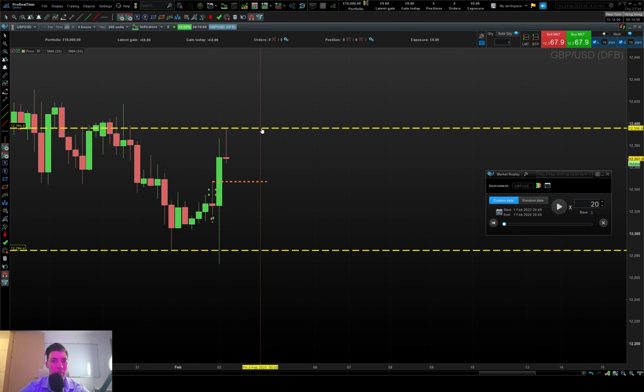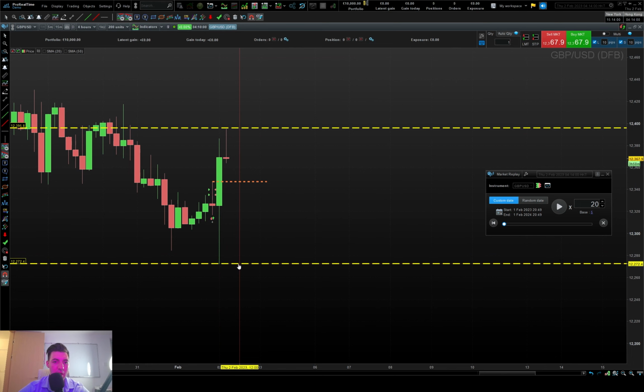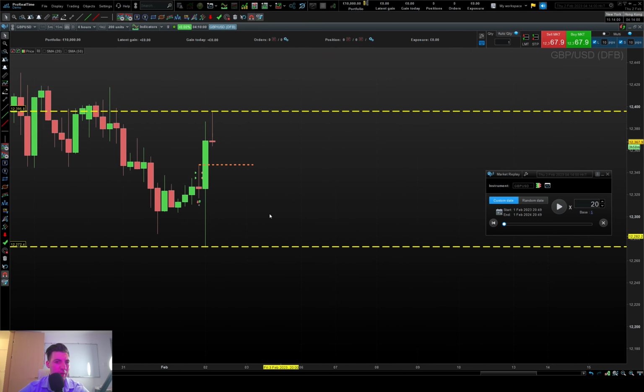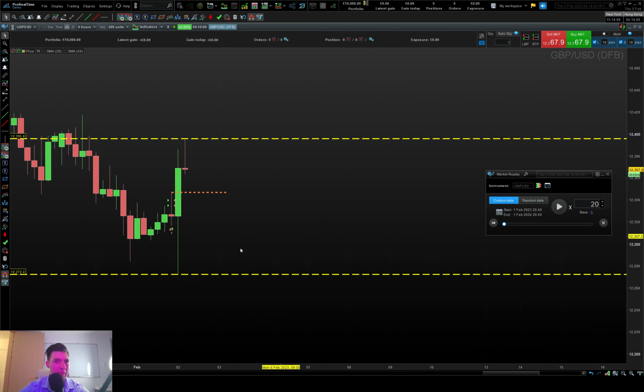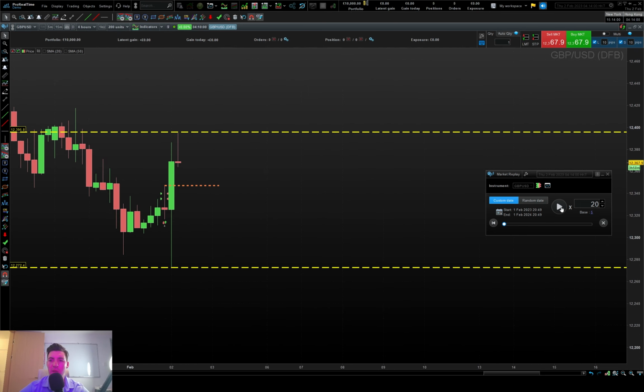So that's our new resistance line. And so between here and here, the lowest point is here. So we'll move our support line down here as far as I'm aware. I believe that to be true. Let's see what happens.